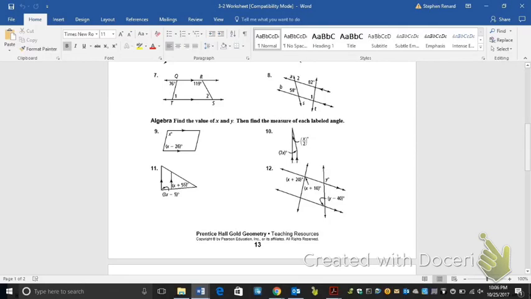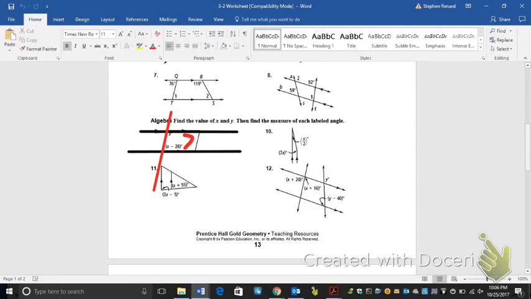Okay, so let's look at number 9. Now again, number 9, what you want to really do is focus on the necessary information. So for number 9, we have those two lines right there. Those are parallel lines, and that's our transversal. So when we look at those two lines, we should see that they are same side interior. Sorry, not two lines, two angles.